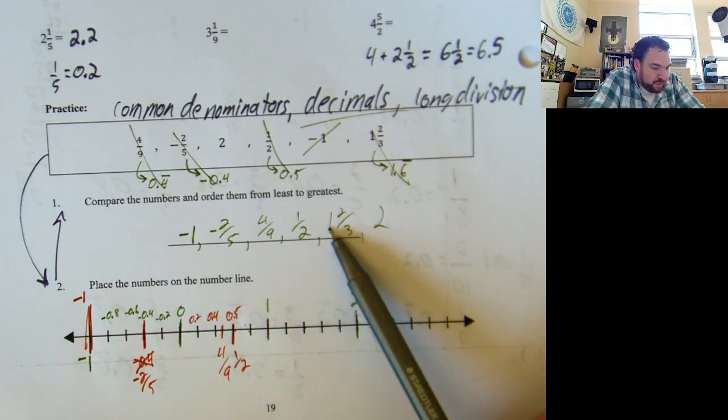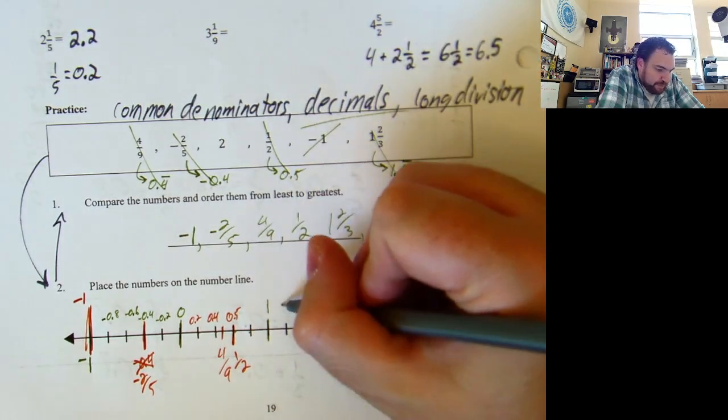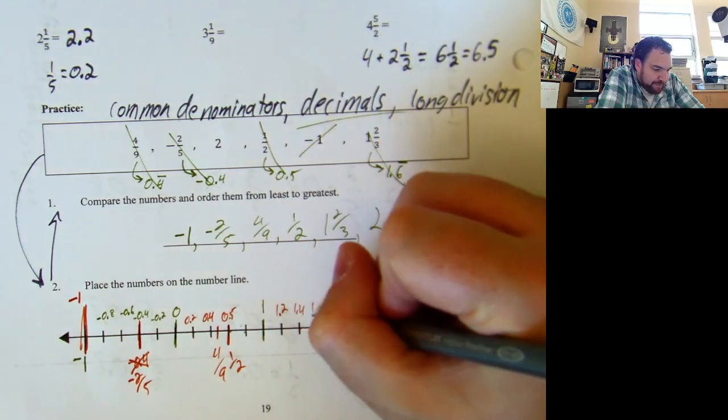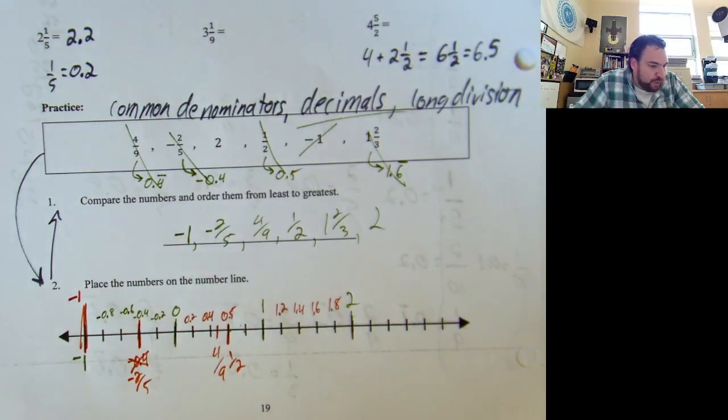1 2/3 was 1.6 repeating. So this one would be, based on the scale that we were given, 1.2, 1.4, 1.6, 1.8. So where would 1 2/3 be on that number line?